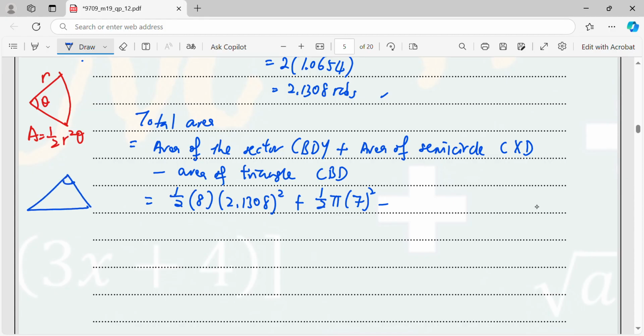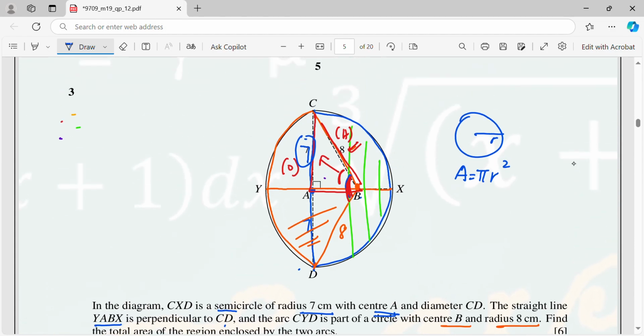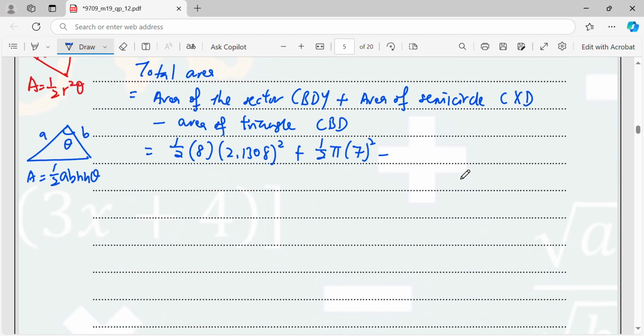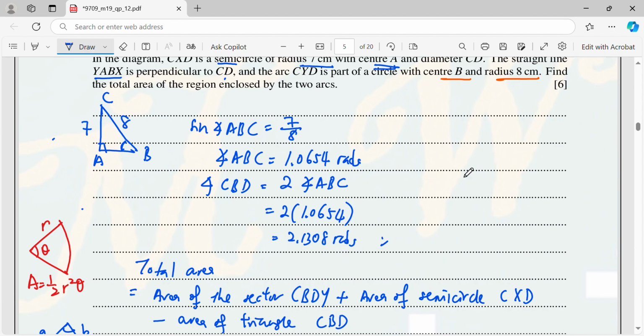Then minus area of triangle. Just for information, if this is a triangle with angle theta between sides a and b, then the area is half a b sine theta. So I have found this whole angle, CBD. The two sides bounded by the angle will be 8. So I will get half times 8 times 8, then sine of angle CBD, which is 2.1308.